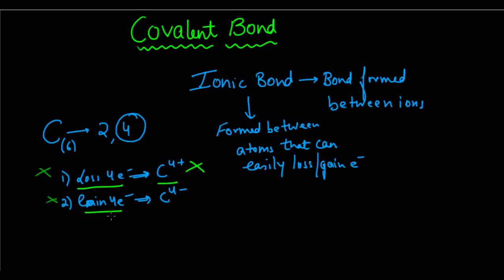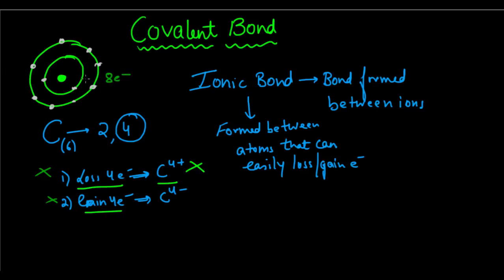Gain 4 electrons. Well, electrons can be gained by carbon, right? It can gain 4 electrons. So it will have a nucleus. It will have orbits. And in the outermost orbit, it will get 8 electrons. Well, that's good. But if you have 8 electrons in the outermost shell, you have 2 electrons in the inner shell, and you have only 6 protons in the nucleus, right?